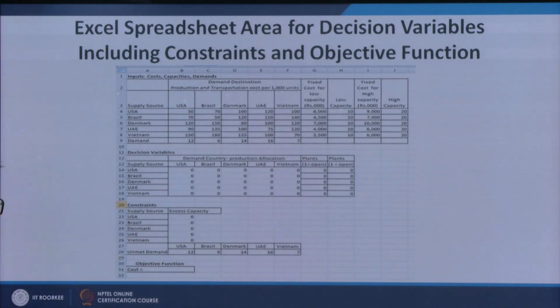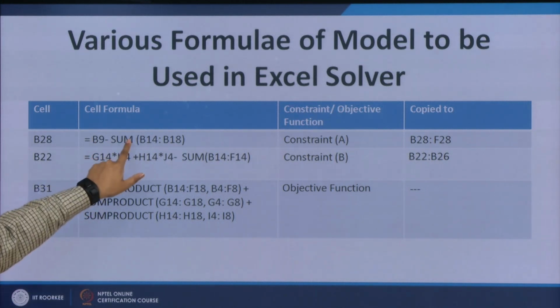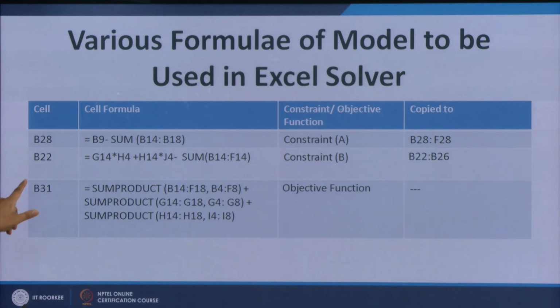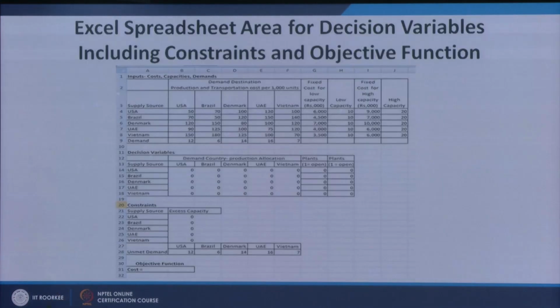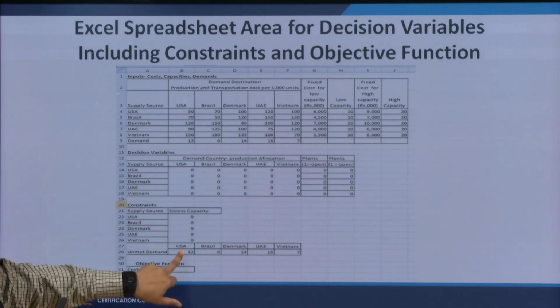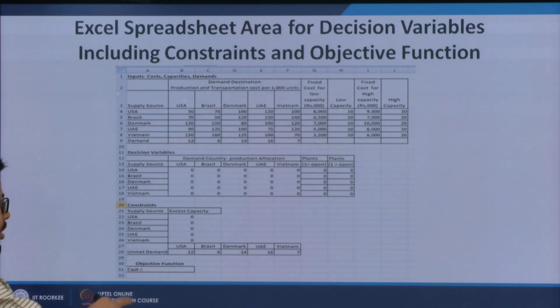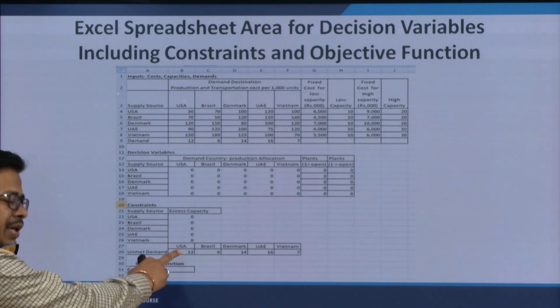Now, just to see the constraints, these are the two constraints. One is the constraint coming because of supply and another because of demand. In the demand constraint, you see that we have this cell B28. I want to fulfill this demand of 12 here.